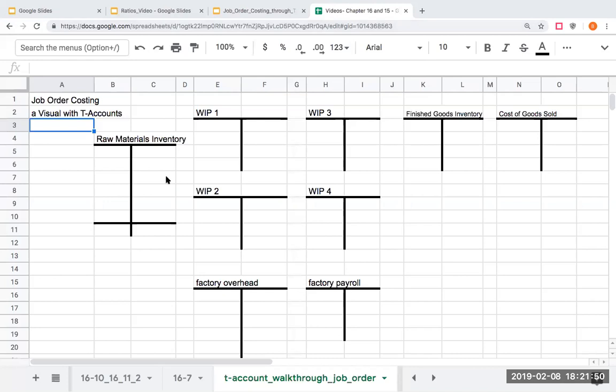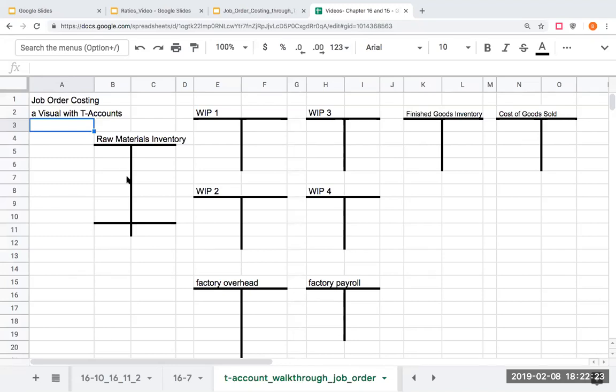So if I look here at job order costing, this is what it looks like in terms of T accounts. If you want to go back and look at what exactly a T account is and how it works, my assets will typically have debit balances, and my liabilities and owner's equity will have credit balances. In our earlier chapters we just had raw materials, work in process, and finished goods.